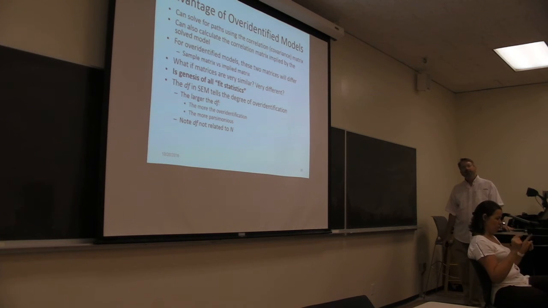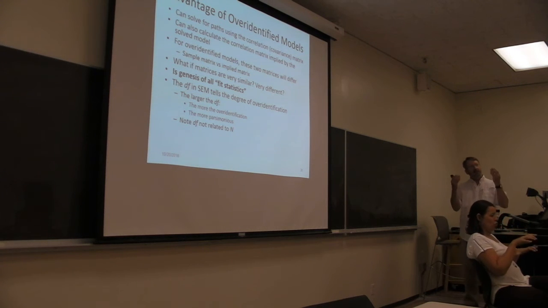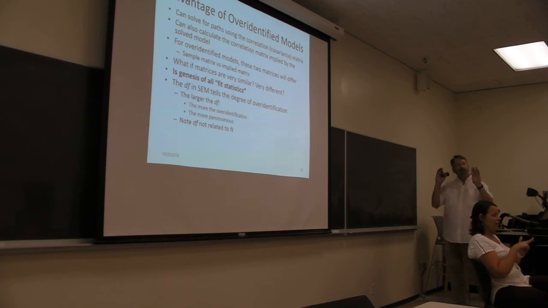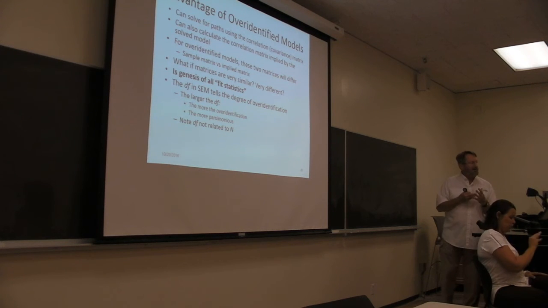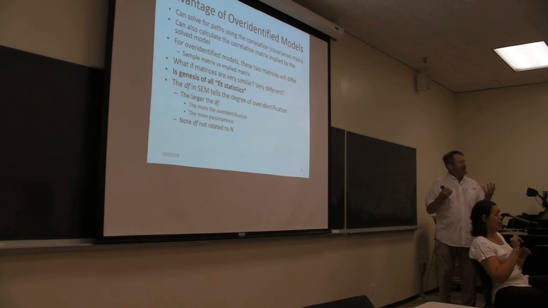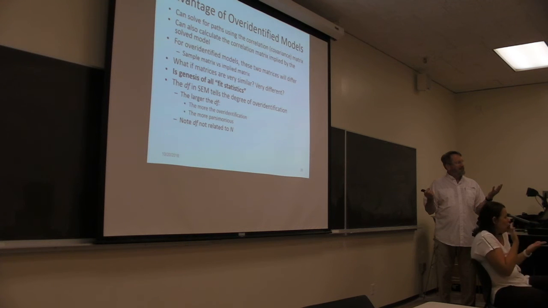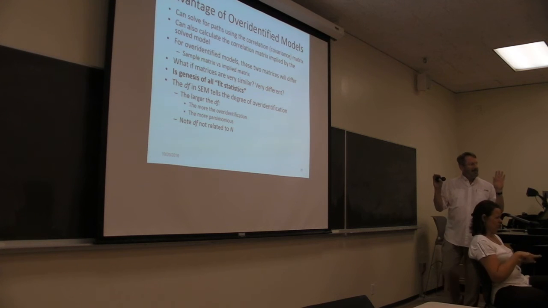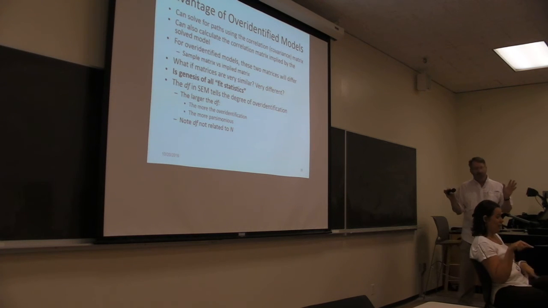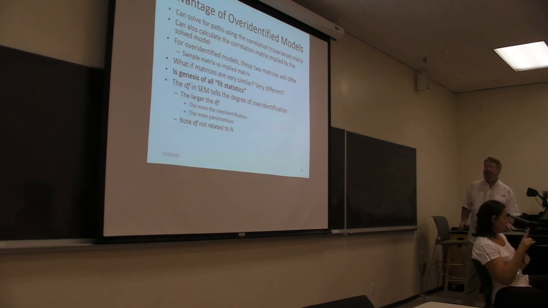If you think about it, if you did that and you looked at the actual matrix and the implied matrix and they were very similar, that would probably tell you something good about your model, right? On the other hand, if you've got very dissimilar matrices, the matrix implied by the model is very different than the actual matrix, that would tell you something must be wrong with my model.